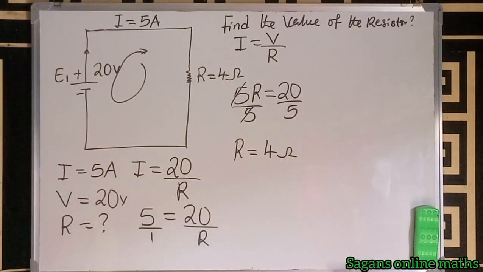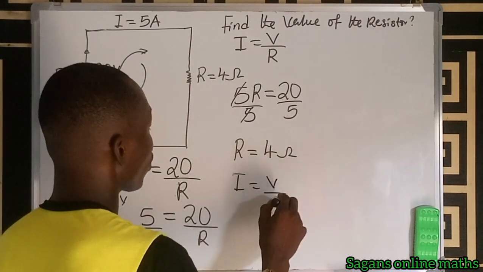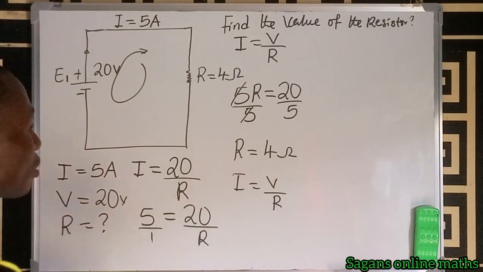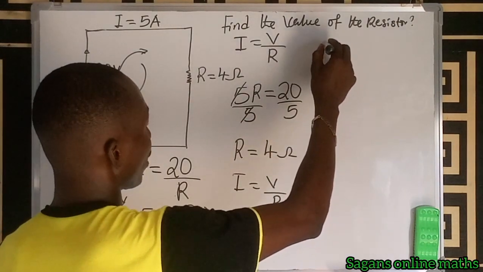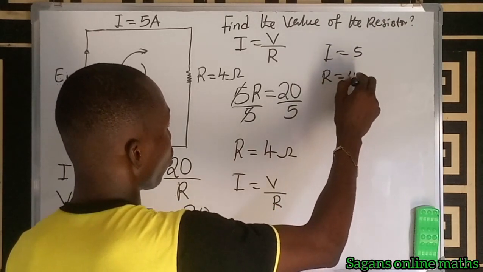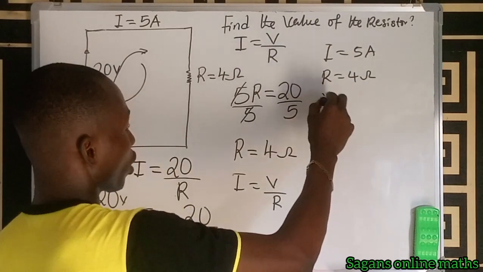So how are we sure that this 4 ohms is the true value of the resistor? Now we know by Ohm's law that I is equal to V over R. Let's assume that we do not know our source, we don't know our voltage. Let's say our I is 5 amperes and our R is now 4 ohms, but we are looking for the voltage.